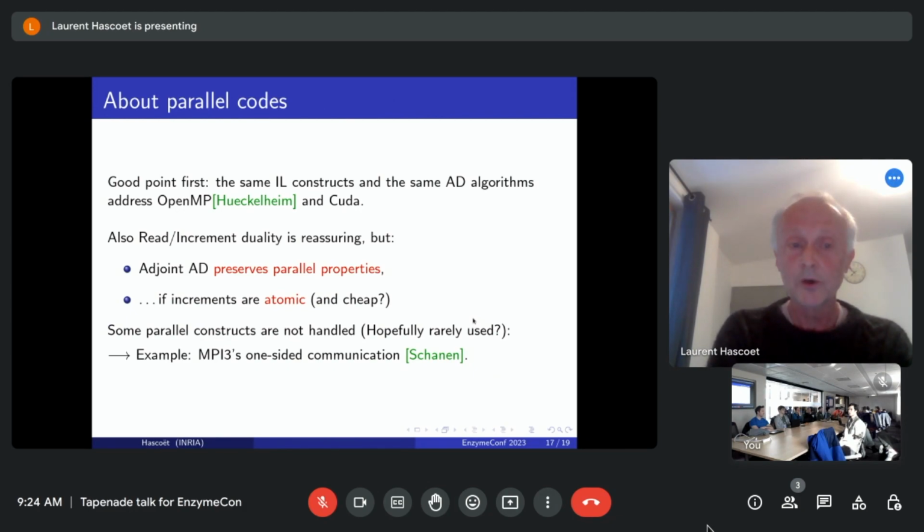But this is nice only as long as increments are considered atomic, which is not the case in general. And if you use atomic pragmas, it will become very, very slow. And we do not handle some parallel constructs, such as one-sided communication. Michel Schanen has done something interesting about that, but we don't.